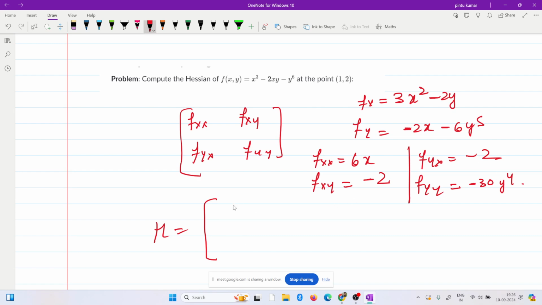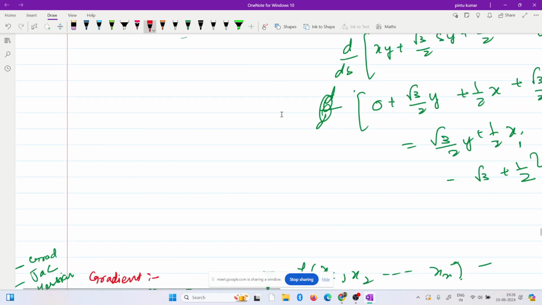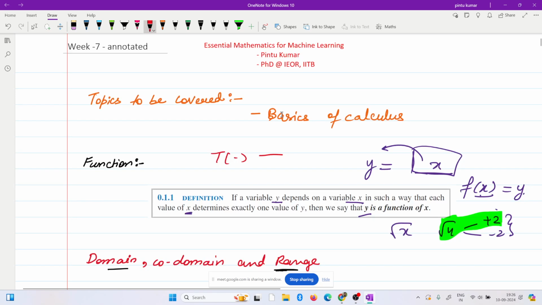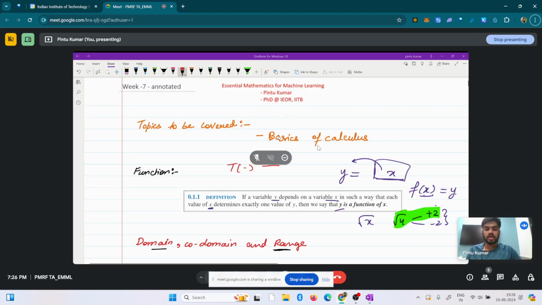At point 1, 2, this would be 6, minus 2, minus 2, and 2 to the power 4 is 16, so 16 times 30 with a minus sign. This is how you can calculate the Hessian. This is what I had planned for today. If you have any doubt, you can ask now.